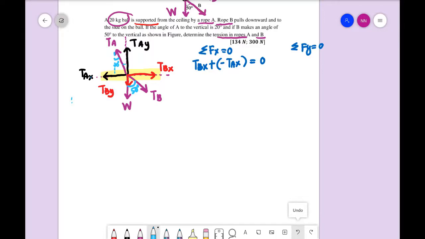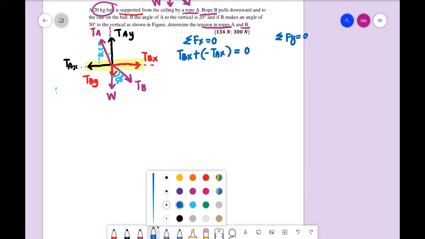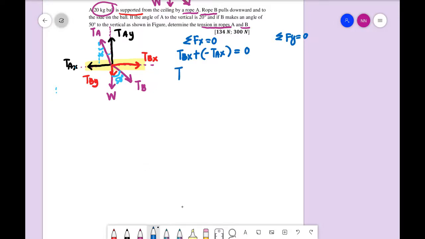This is the alternate angle. So we can relate TBX with TB and the angle. TBX will be TB sine 50 degrees, and TAX will be TA sine 20 degrees, equals to 0.